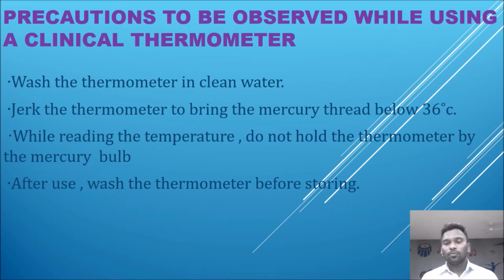Next, we have to give a few jerks to settle the mercury level under 36 degrees Celsius. While you are measuring the temperature of a body, we should not touch the bulb of the thermometer. If you touch the bulb, it may show a wrong reading.